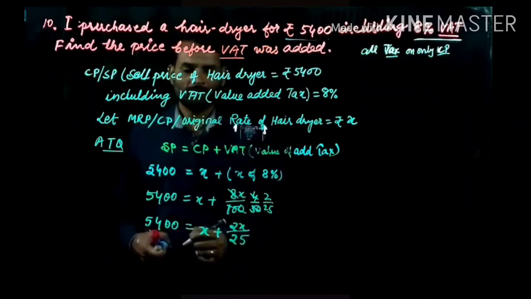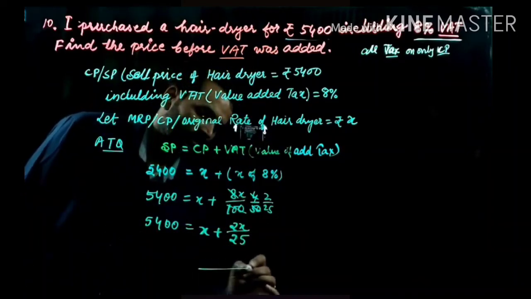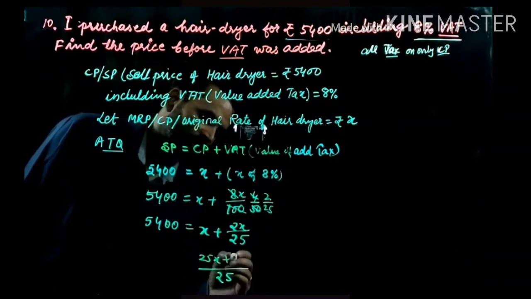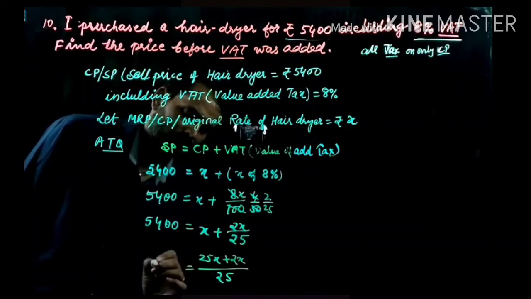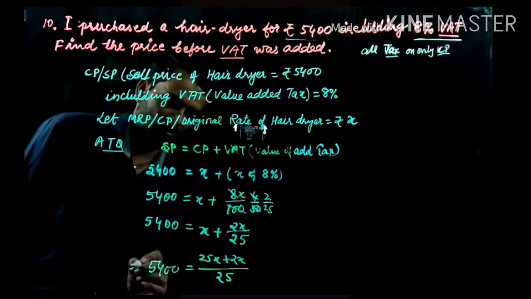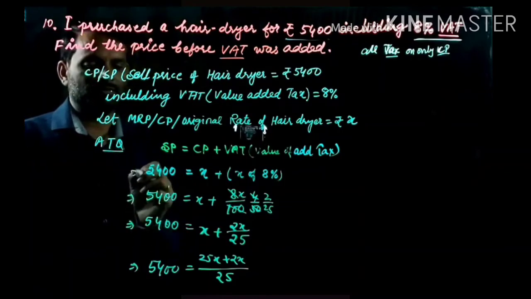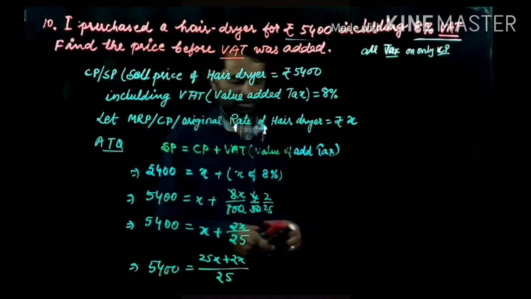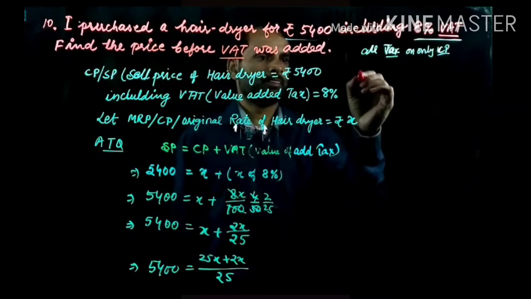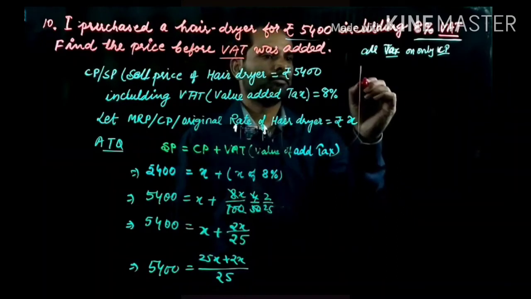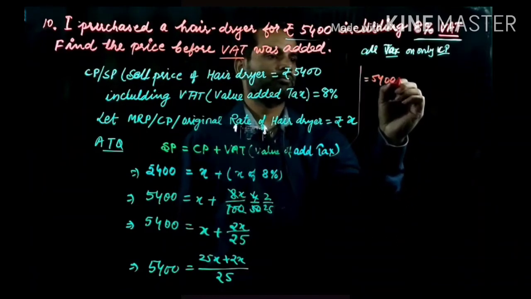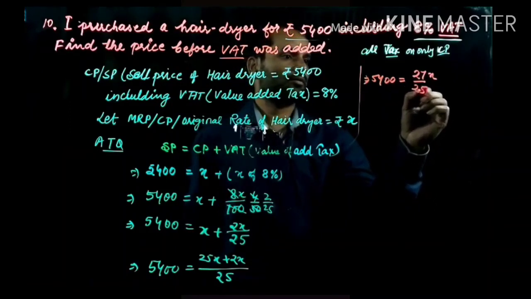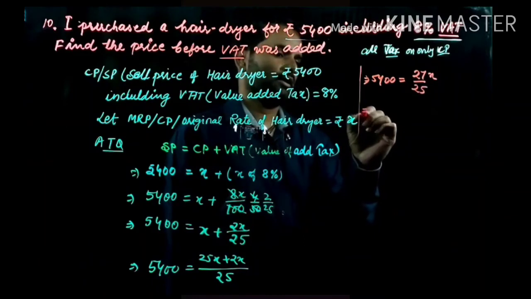After that the LCM is 25, so 25x plus 2x. 5400 is the SP of the hair dryer, so you write 5400 is equal to 27x upon 25.